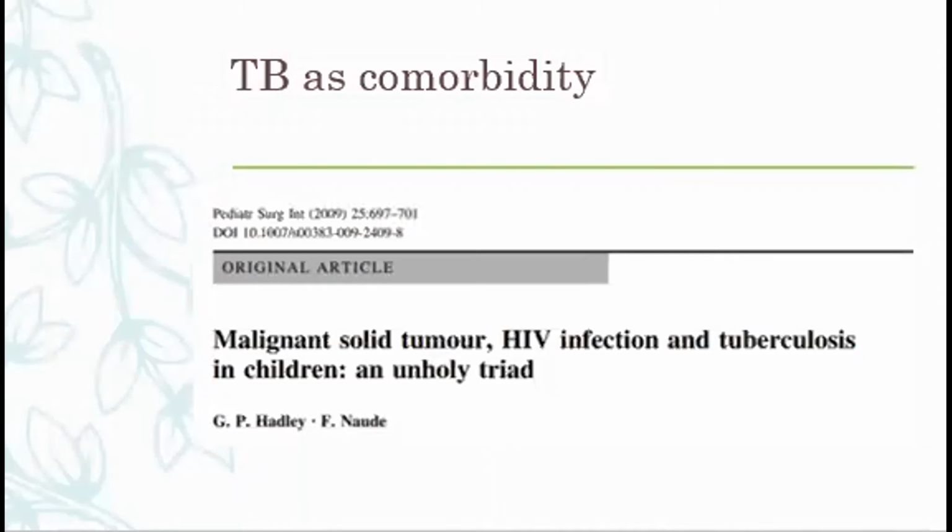And it was very difficult. The reason why they did that is because it's difficult to distinguish pulmonary or nodal TB from metastatic disease if you don't use invasive techniques. Also, abdominal TB can be difficult to distinguish from an extension of abdominal malignancy itself.